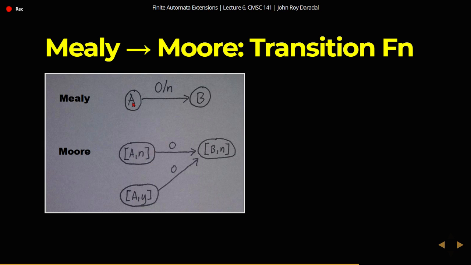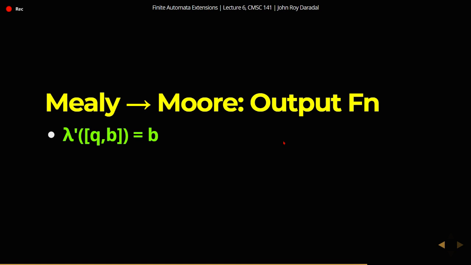So all A's, regardless of output, will go to Bn on transition 0. That is why AN and AY here go to BN on 0. So that is how we will set up our equivalent Moore machine's transition function.